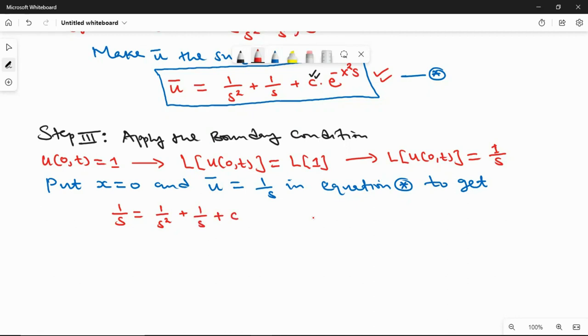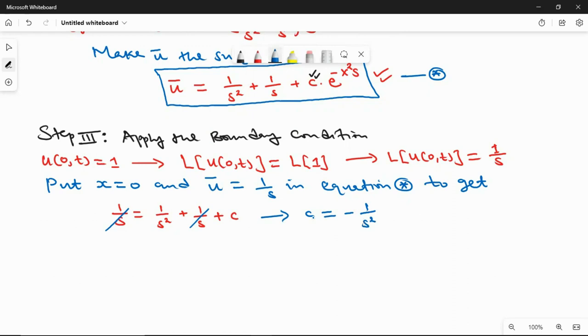Anything raised to 0 should be equal to 1. So that is c times 1, which I don't need to write. And so you see, this will cancel with this. So from here, you can make c the subject. It is equal to negative 1 over s squared.